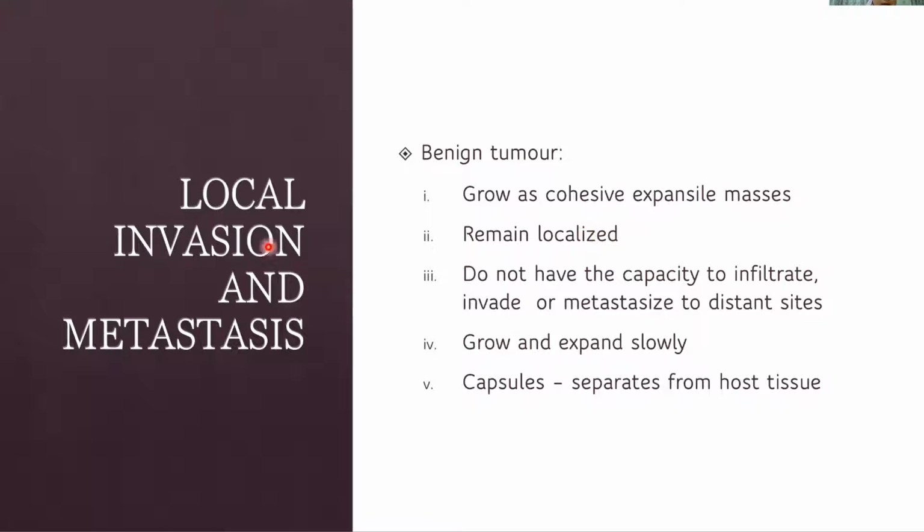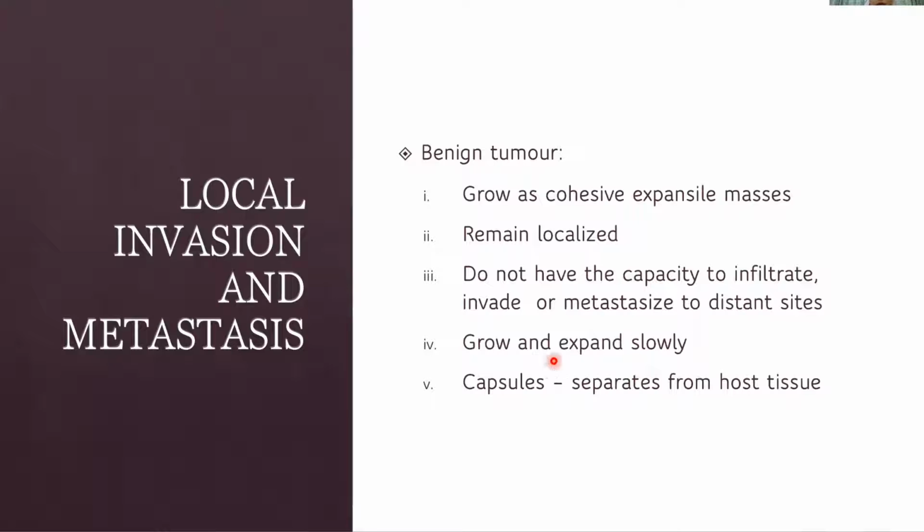All right, next, local invasion and metastasis. A benign tumor can grow as an expansile mass, but it does not infiltrate the adjacent structures. Why? Because the benign tumor still has a capsule and an intact basement membrane, so it remains localized and does not have the capacity to invade other structures.